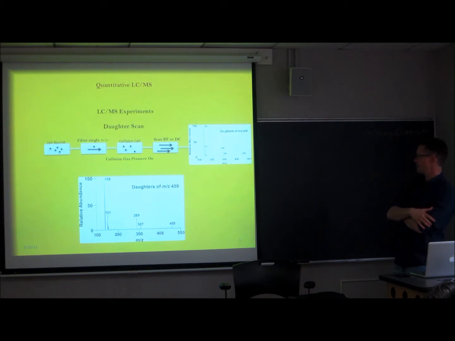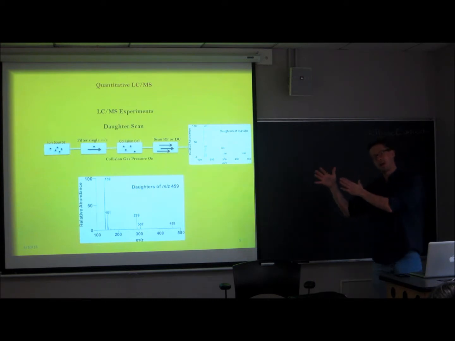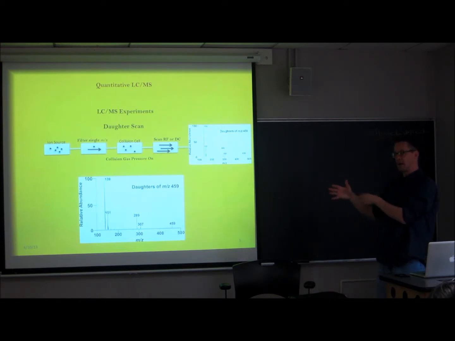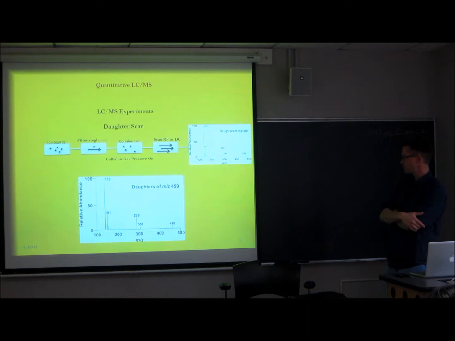The power of MS-MS is that we can set up the mass spec so that you're detecting specifically compounds with a specific molecular mass that fragment to fragment ions or product ions that have a specific molecular mass specific to that parent. So the selectivity of that experiment becomes very high, and the sensitivity increases.